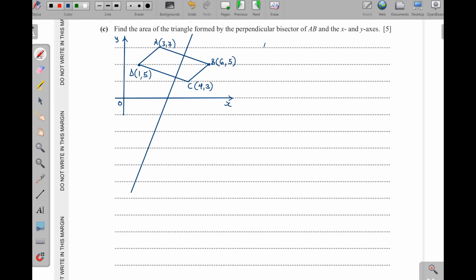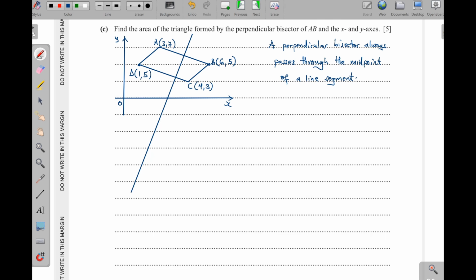Now we need the midpoint. So I need to write something here. A perpendicular bisector always passes through the midpoint of a line segment.